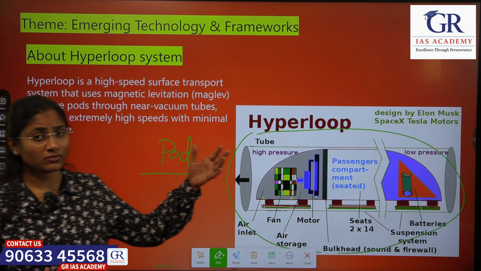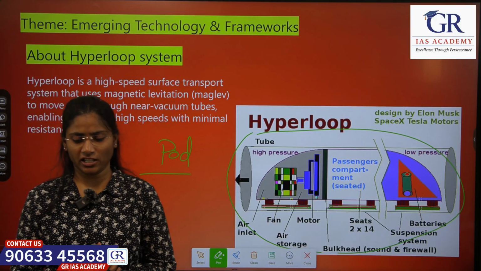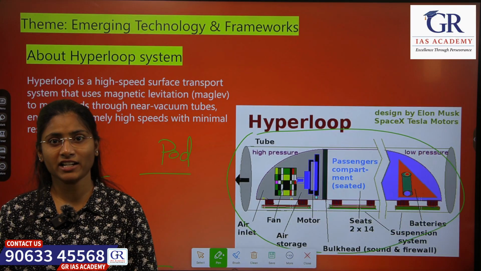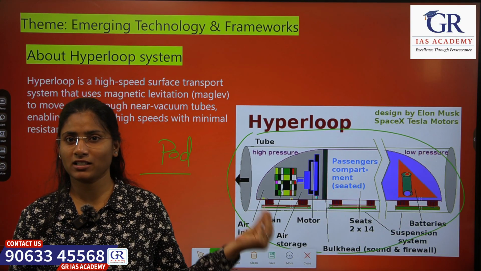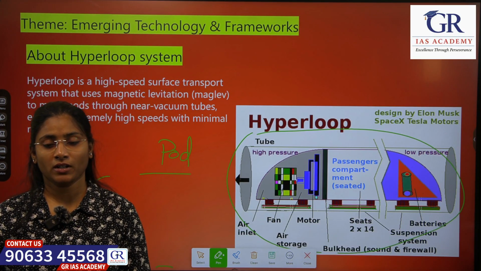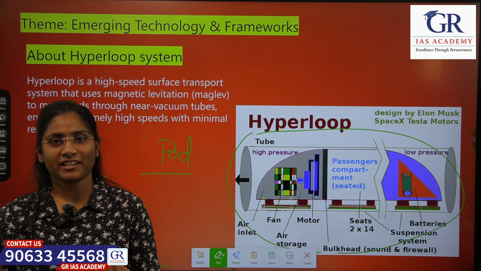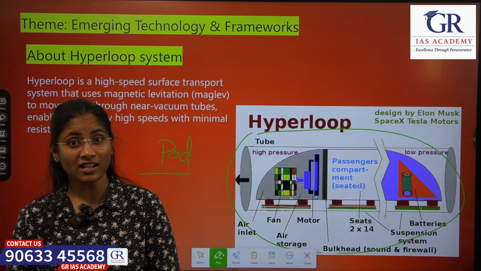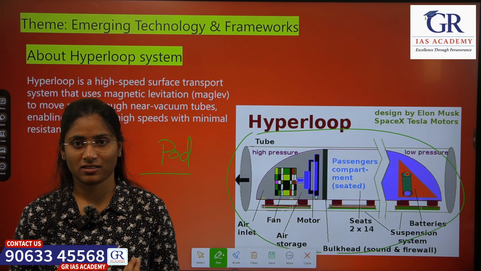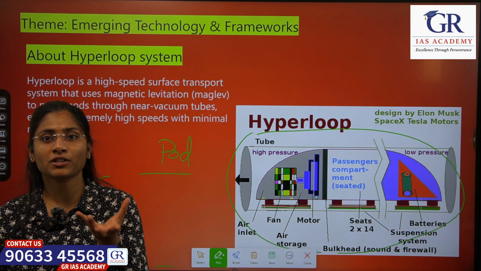Like in trains, you have coaches, right? It's just the same, but the difference is that normally tracks are used. Here also tracks are used, but our pods don't touch the tracks. Basically our pod floats in the air.